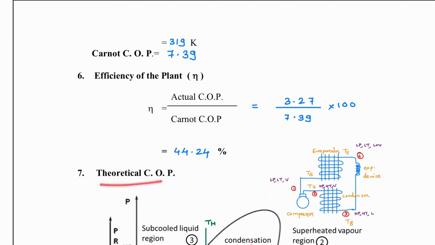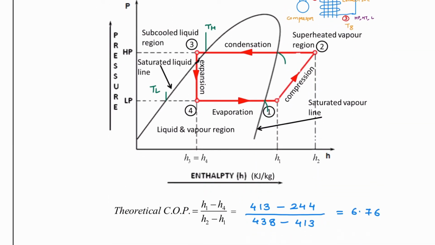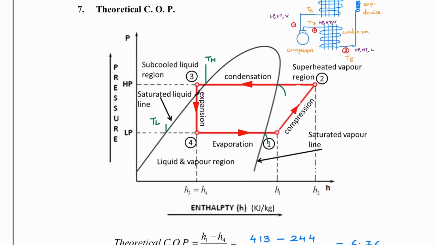Now the last part is theoretical COP. How do we calculate theoretical COP? First we'll see the diagram, observe this. 1 to 2 is isentropic compression, 2 to 3 is constant pressure heat rejection in the condenser, 3 to 4 is isenthalpic expansion, and 4 to 1 is constant pressure evaporation in the evaporator. So what is the refrigerating effect?